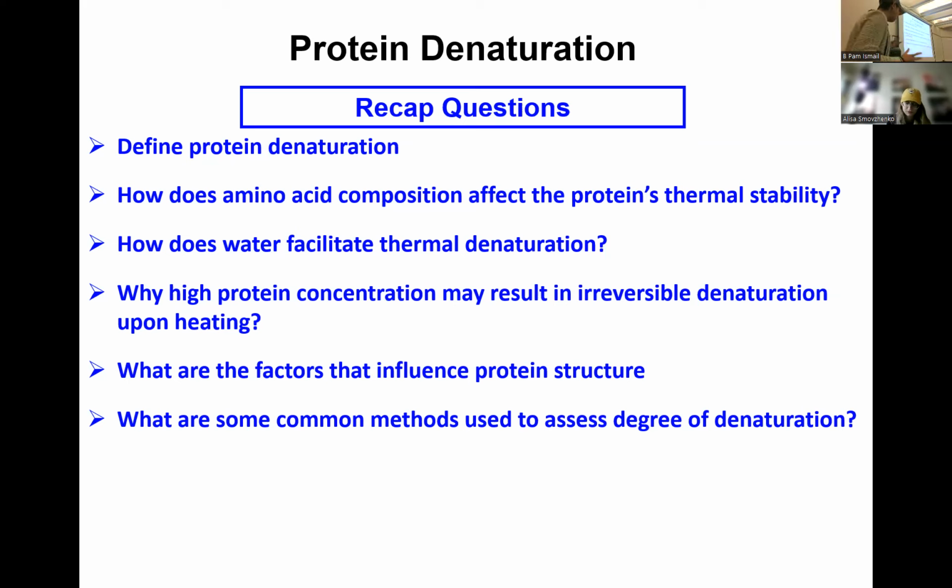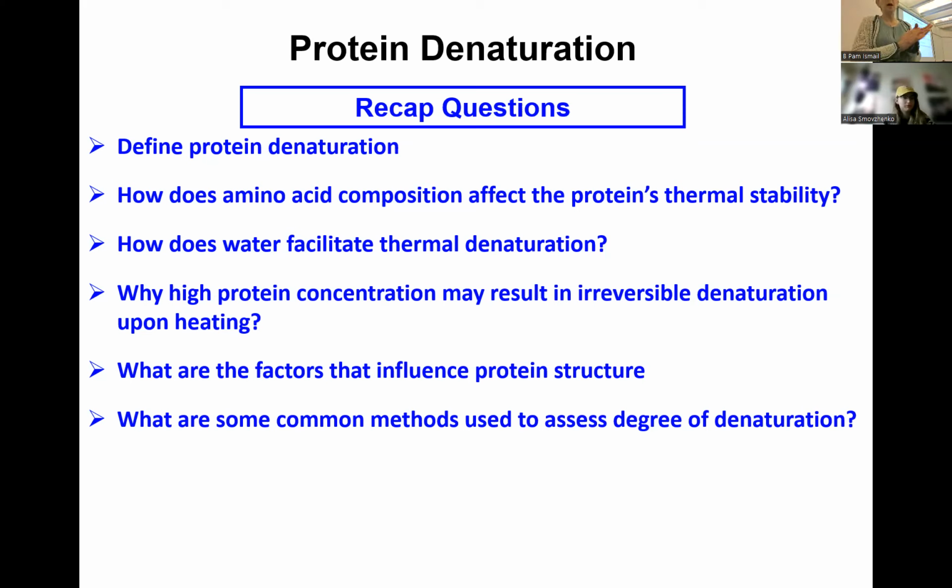So we have some bond cleavage, destabilization and change in the structure. And it can be on the tertiary level, on the secondary level, and on the primary level if peptide bonds are broken. So denaturation can occur at different levels of the protein structure. So it is a change from the native structure to some sort of another stable structure.